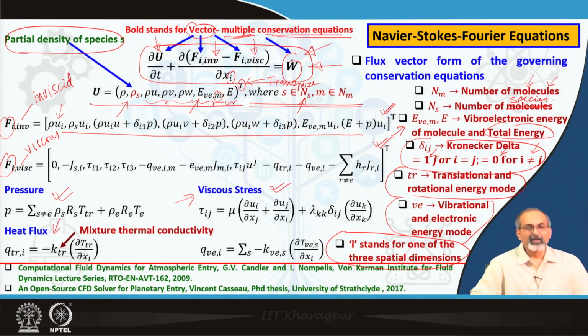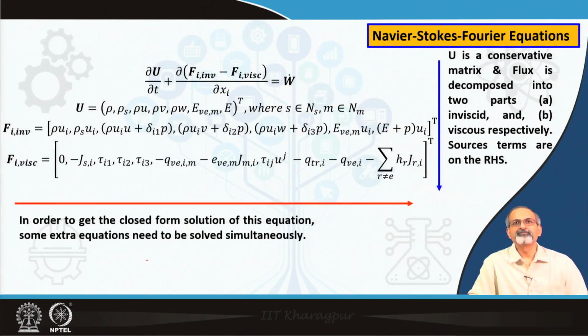Heat flux, which has to do with the different components indicated by i, along which Fourier's law is expressed. Here it is talking about the translational mode, and when it comes to the vibrational and electronic mode, you see a summation coming from different species. More details of this formulation can be found in the following two references, which have been mentioned for your later study.